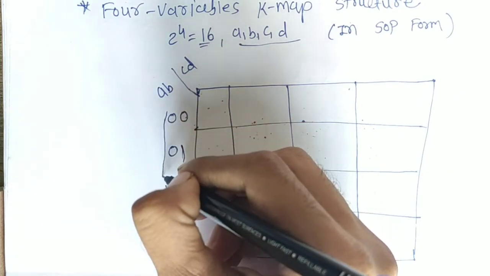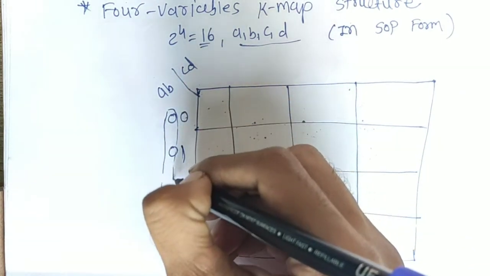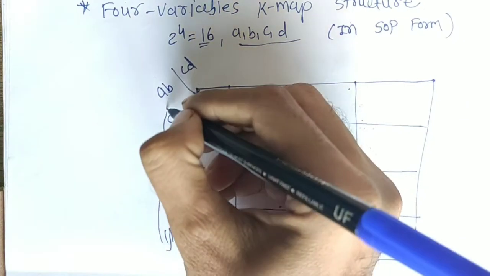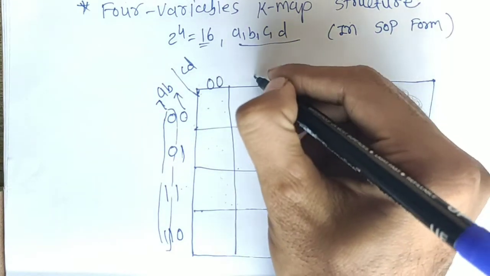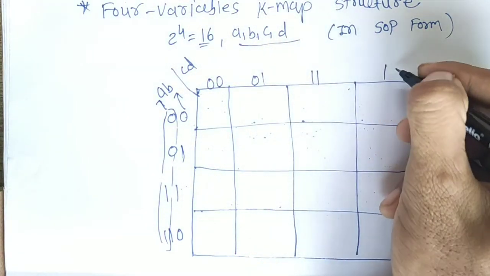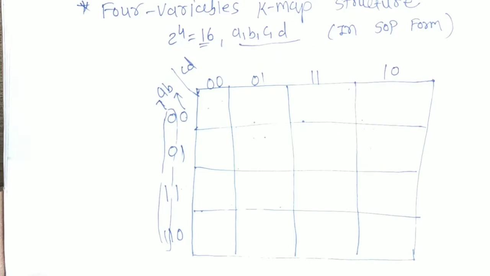So the first bit indicates the value of variable A, and the second bit indicates the value of variable B. In a similar way here is 0, 0, 0, 1, 1, 1 and 1, 0, right?